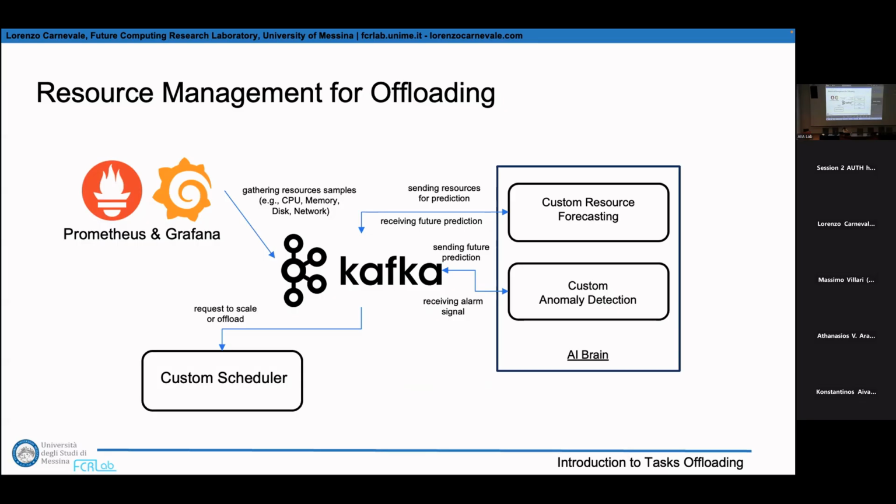The message queue could be Apache Kafka, could be RabbitMQ, could be MQTT, could be different of them with different characteristics, but in this case, I prefer to adopt Apache Kafka. Then about the resource forecasting, anomaly detection, and scheduler, the idea is to create something custom.